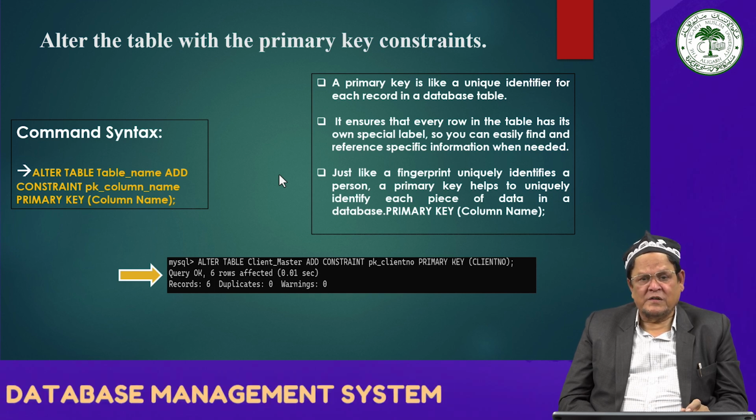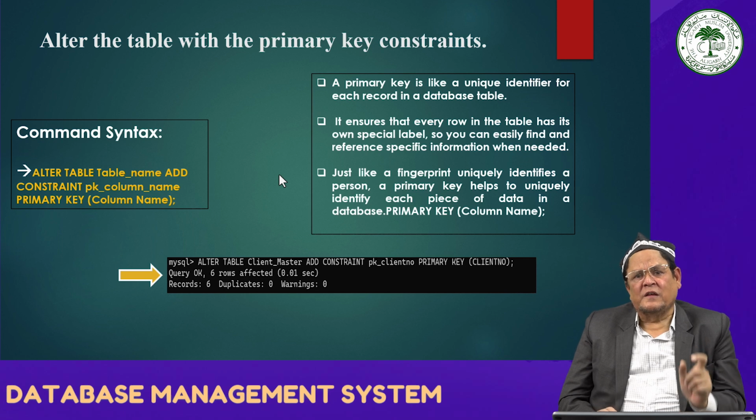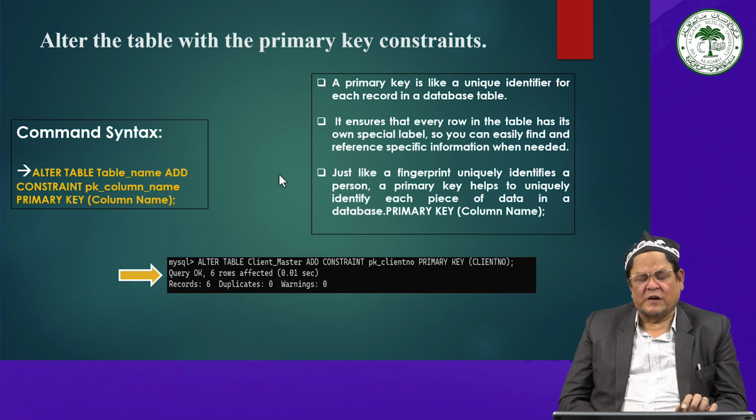Here in the client master database, we assume that the primary key is client number. So you have to run it. When you press, it will show Query OK, 6 rows affected. In this way, we can add a primary key constraint in the existing table.